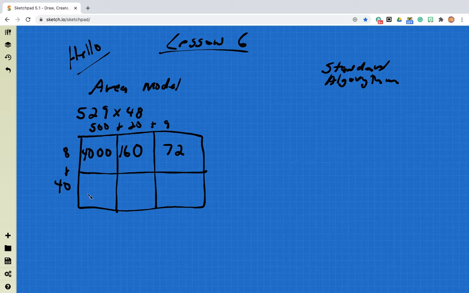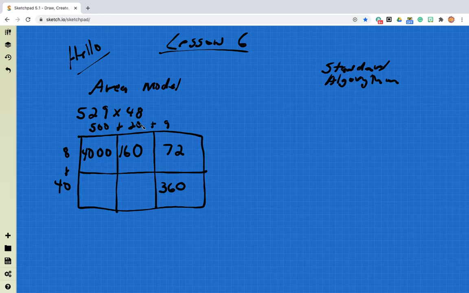Now we're going to drop down here and do the bottom row. 40 times 9. Yeah, those 9s again. 4 times 9 is 36, unless I'm mistaken. But 4 tens times 9 would be 36 tens. 40 times 20. 4 tens times 2 tens.